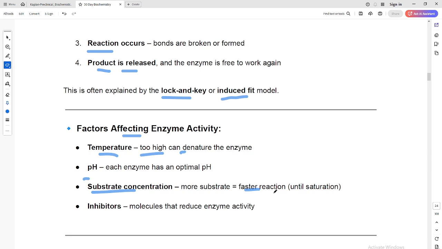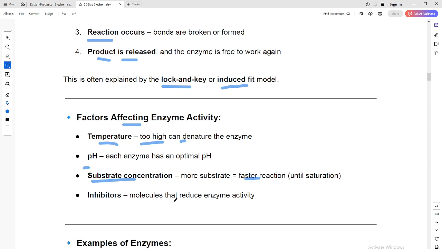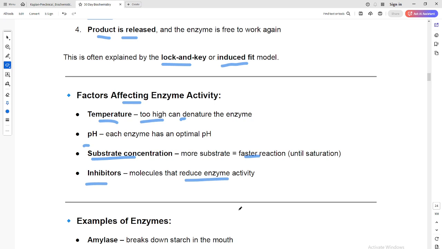So adding more substrate can't make the reaction go faster because of saturation of the enzymes. Inhibitors. What are inhibitors? They are molecules that reduce the enzyme activity.